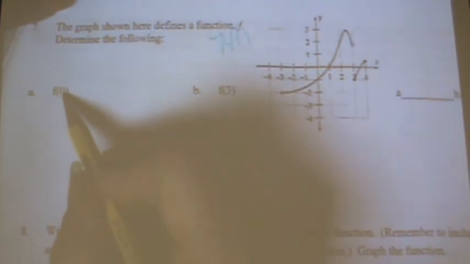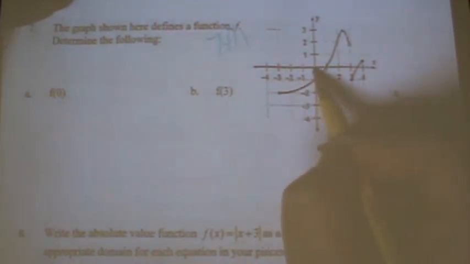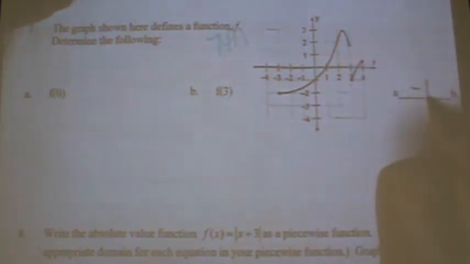Okay, next one. Number 7, these were easy. Are you able to tell me, if you plug in 0 for x, here's a function, what's the output? So input 0, output -1.